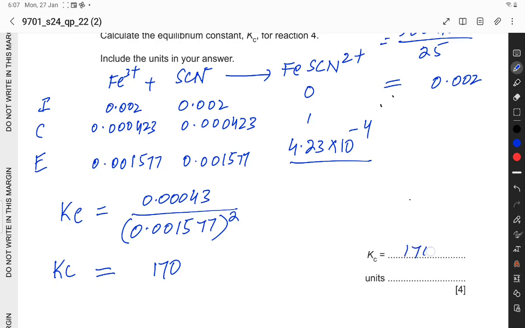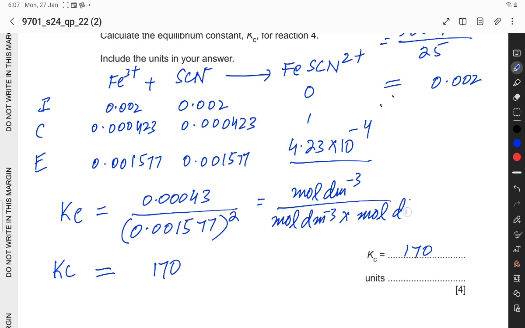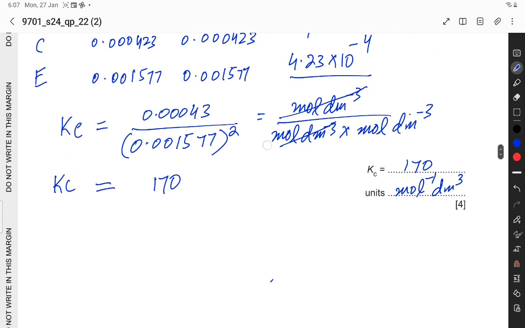The unit is mol dm to the minus 3 inverse, the mol cancels out, and we have the unit mol to the minus 1 dm cubed.